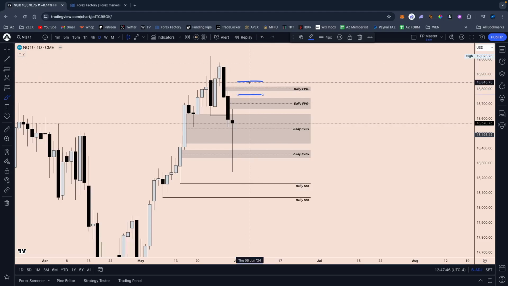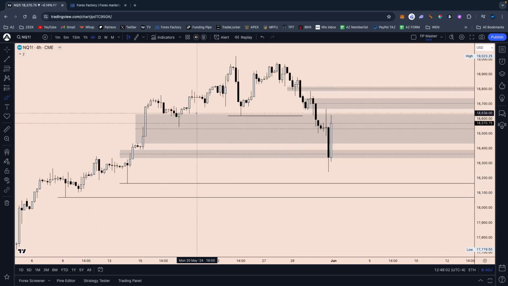And once we see the definitive confirmation close above this daily bearish, then we could really look forward to target new all-time highs. I think that's the best way forward in terms of the daily time frame.